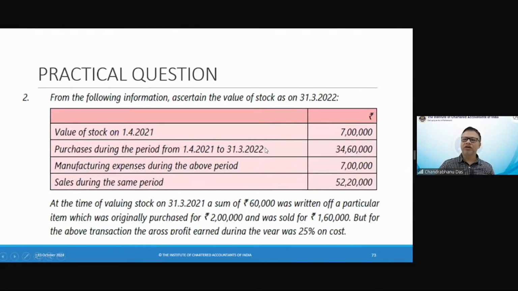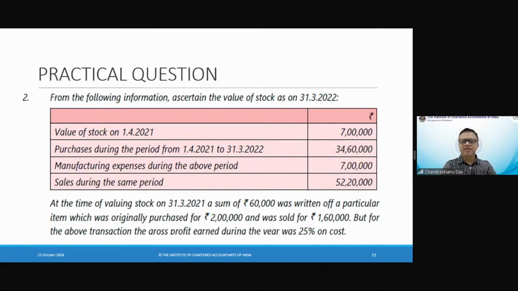So here, this is practical question 2. The value of stock is asked on 31st March 2022, and you have got the following information.